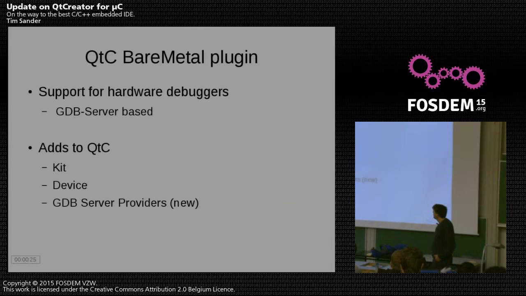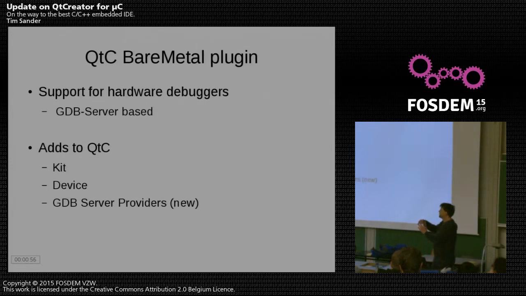And to get this up and running, a few things had to be added to the Qtcreator. The Qtcreator itself organizes its targets by kits. So a kit is a set of compiler, debugger, and devices you put together.